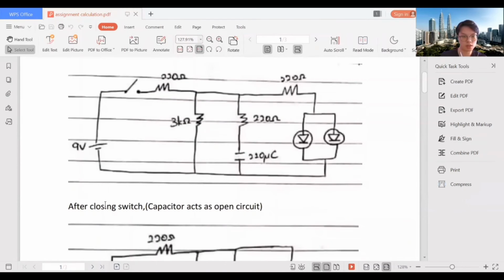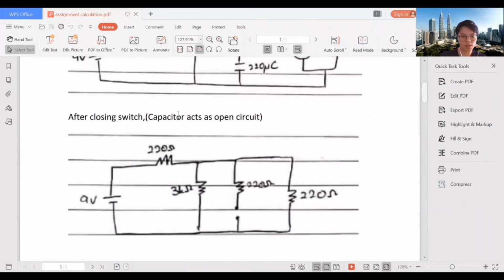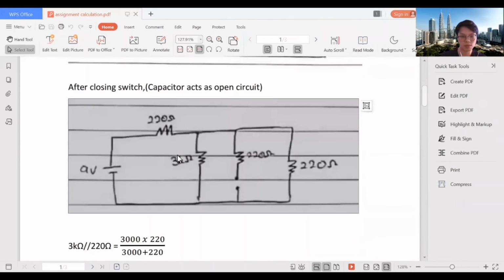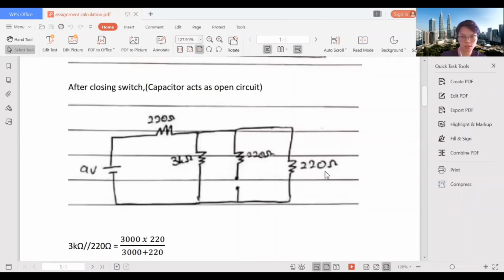After closing the switch, the capacitor acts as an open circuit. So the capacitor here acts like an open circuit. So everything is the same. And then you can see that the 3K ohm resistor and the 220 ohm resistor are in parallel.